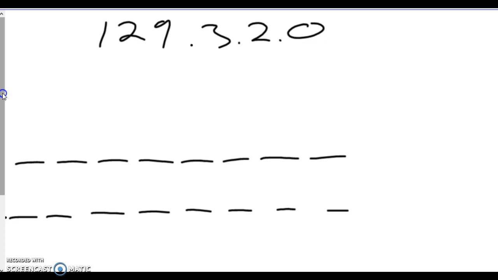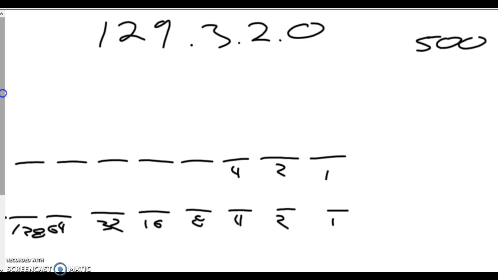Once again, say we need 500 hosts. 128, 64, 32, 16, 8, 4, 2, 1. So this is the third octet.